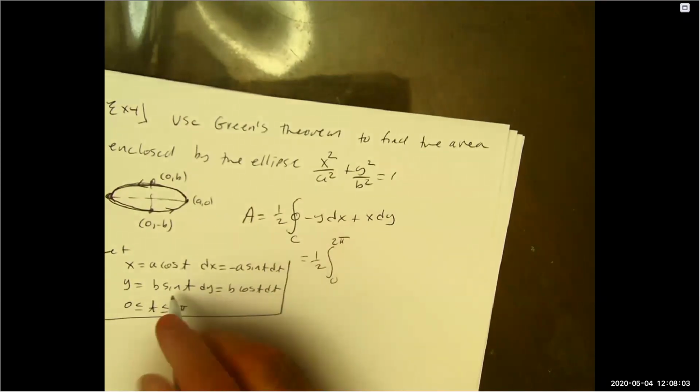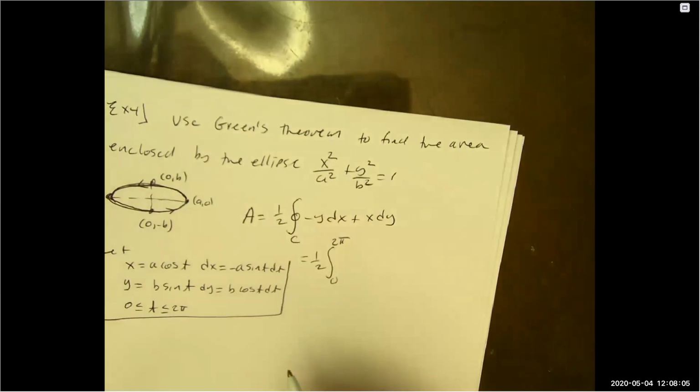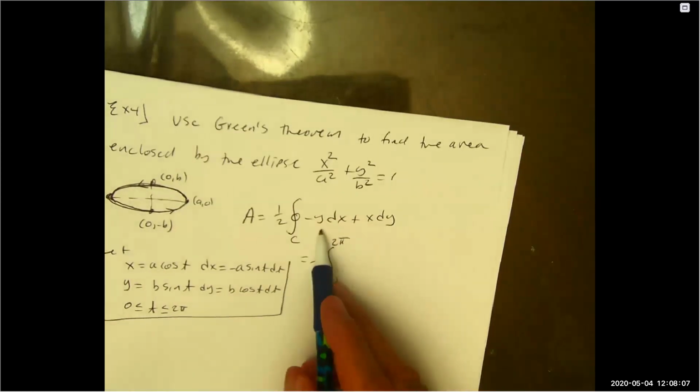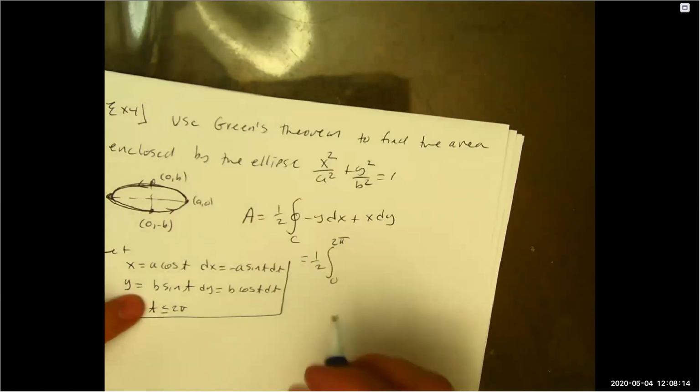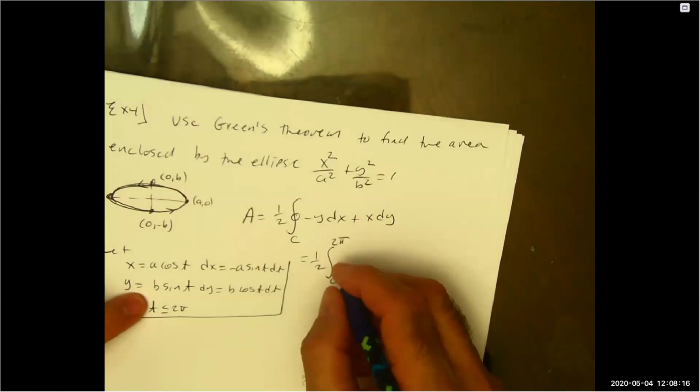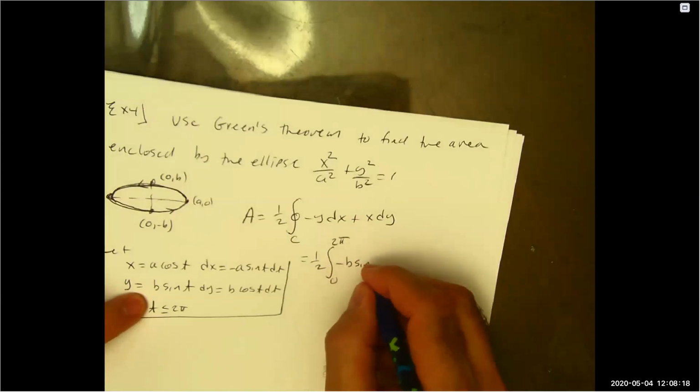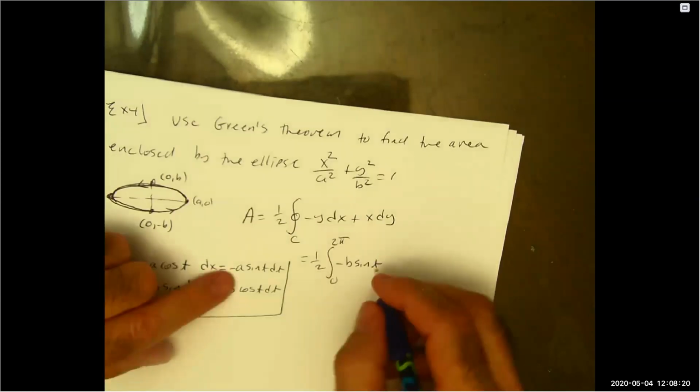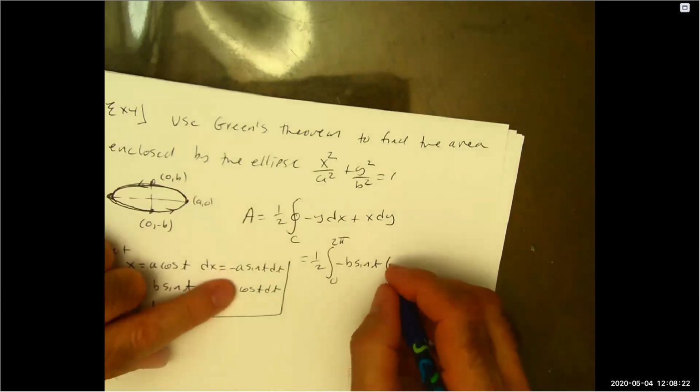And then I'm going to have the minus y, which is minus b sine t, and then the dx, which is minus a sine t.